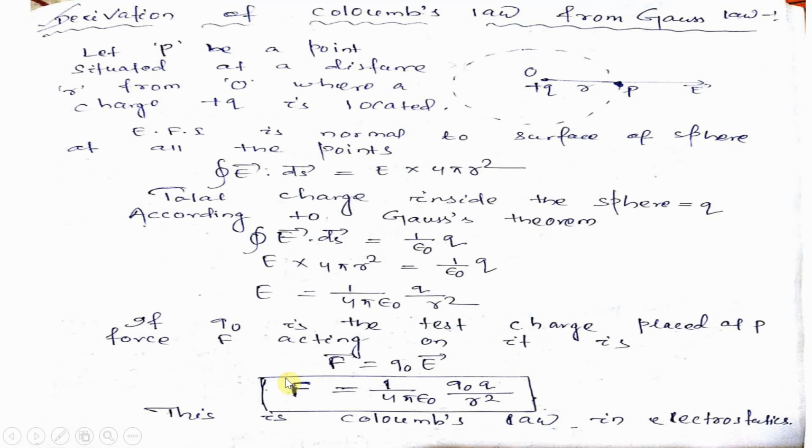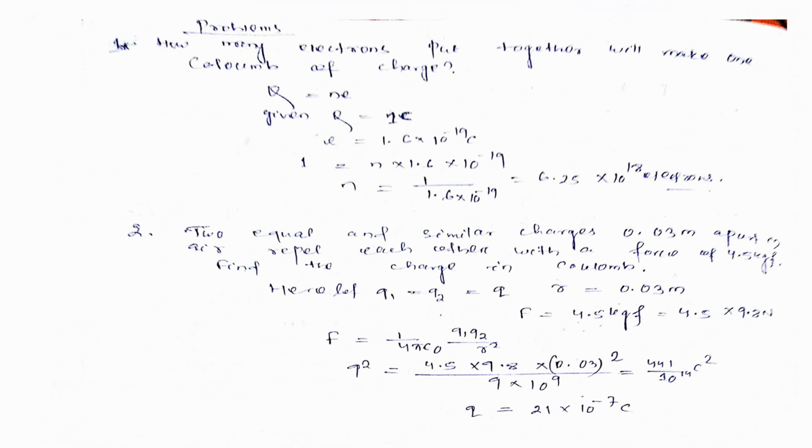So finally the force becomes F equal to 1 by 4 pi epsilon naught Q Q naught divided by r square, which is the expression for Coulomb's law in electrostatics. So Coulomb's law from Gauss law is derived.